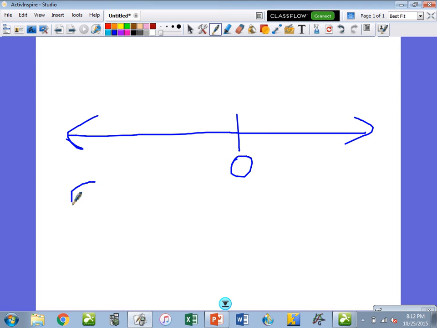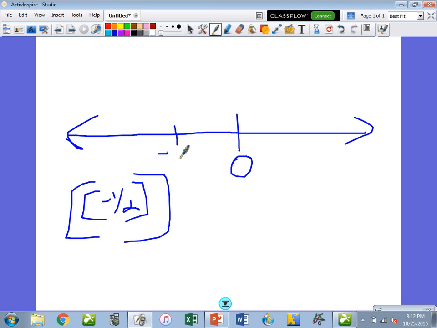So if we had the greatest integer function of -1/2, take a look at your number line here, here's -1, and here's -1/2. We would say maybe right about here.